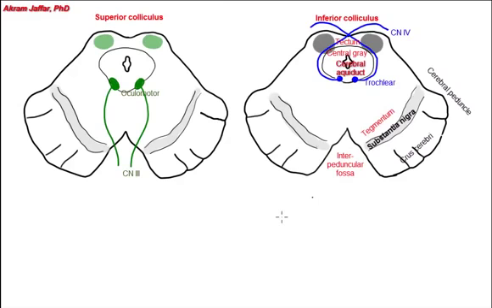The crus cerebri contains descending tracts from the cerebral cortex. These descending tracts are arranged according to destination. So the lateral ones are temporopontine fibers, and the medial ones are the frontopontine fibers. In between are the corticospinal and corticobulbar fibers.